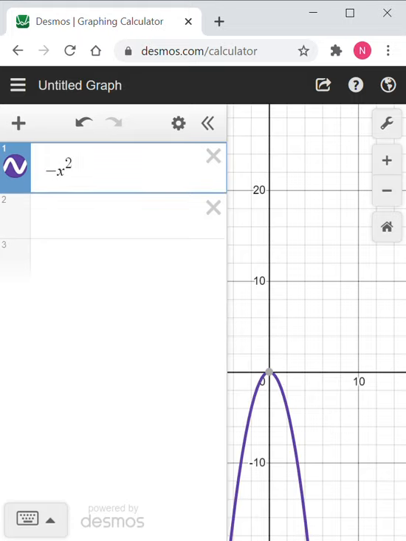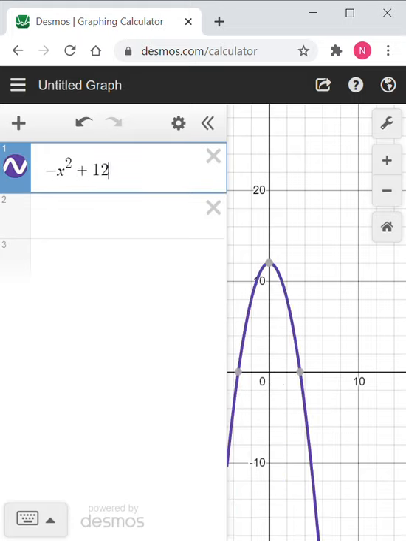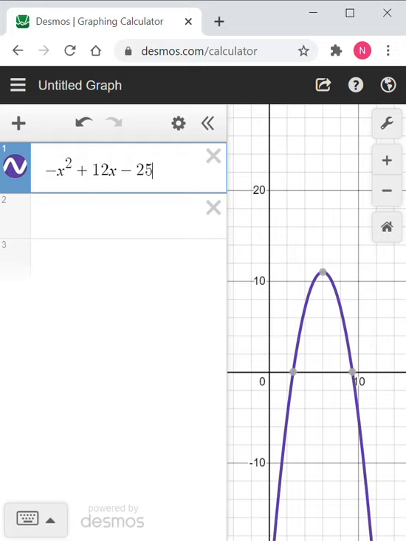So first things first, I'm going to type it into Desmos, find my vertex. Vertex is (6, 11), so when I write it in vertex form, taking into account that a value, that's a -1, I've got negative (x minus 6) squared plus 11.